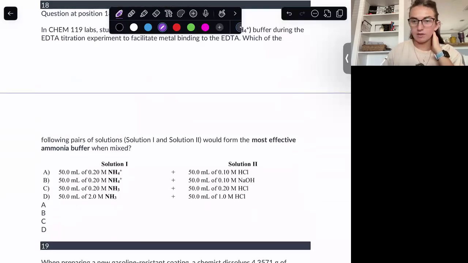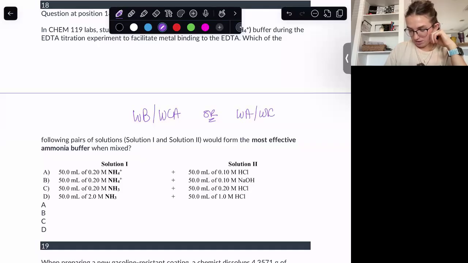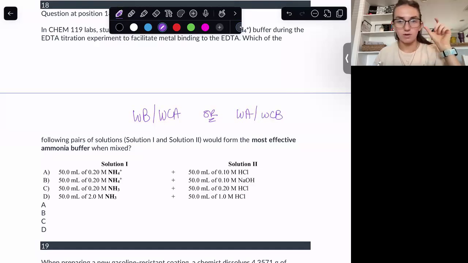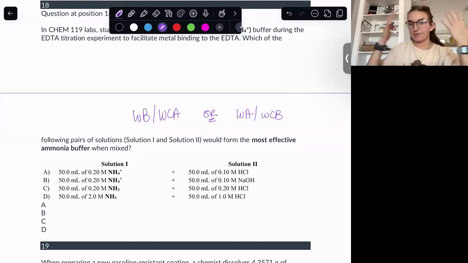All right, so the big thing to recognize with ammonia, or with buffers, period, is that you want a weak base and a weak conjugate acid, or a weak acid and weak conjugate base. Okay, so you're looking for that combination at the end, once you've combined things.